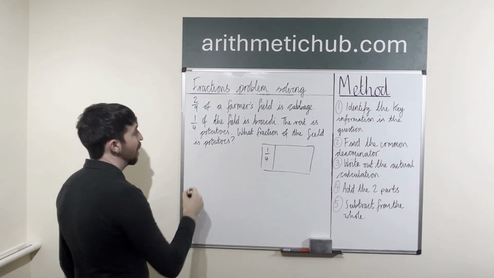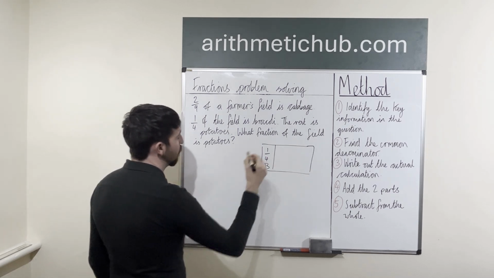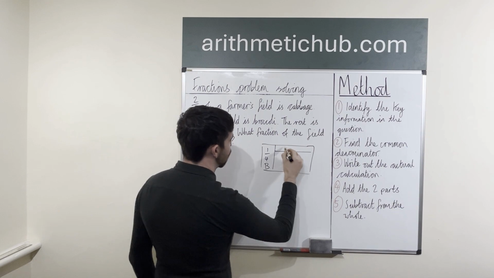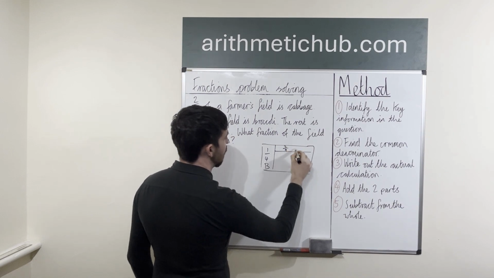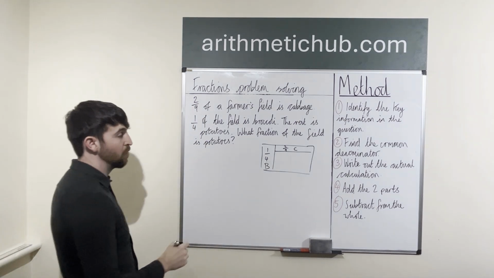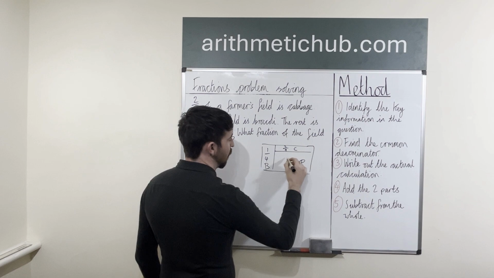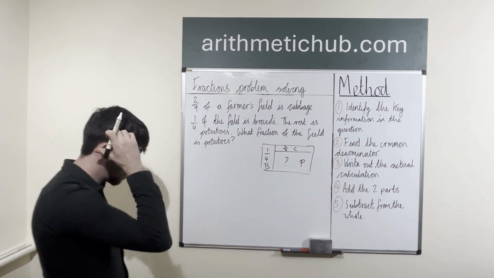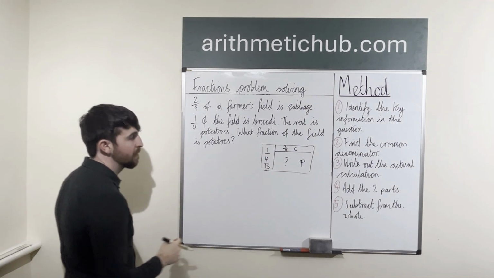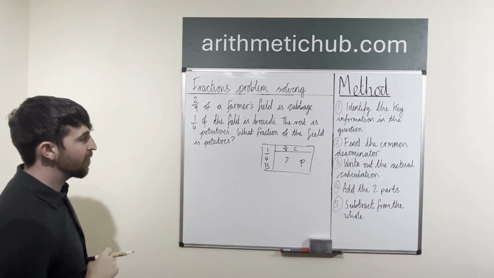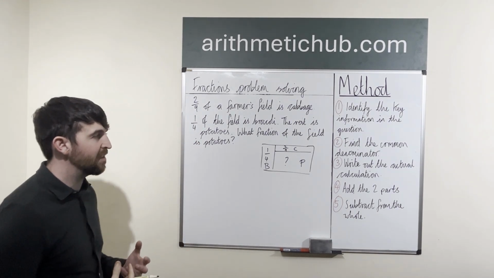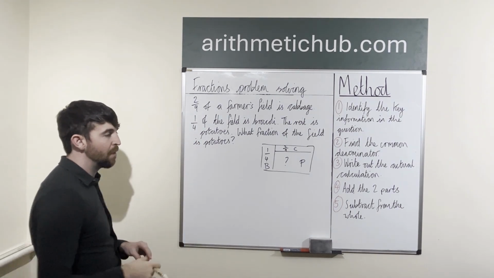I'm just going to say a quarter is broccoli, 2/9 of the farmer's field is cabbage, and then the rest is potatoes, okay? So potatoes, we don't know what it is. So 1/4 is broccoli, 2/9 is cabbage. I've identified the key information and done a little drawing to show what I'm being asked here. Now let's have a look at the second part of the method.